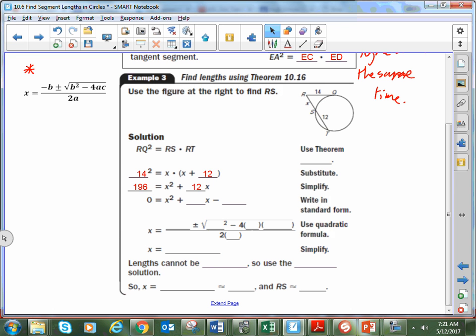Now you can recognize, because I have an X squared, that we're having a quadratic equation of some kind. Usually when I have something X squared, that means that we're going to have two solutions.